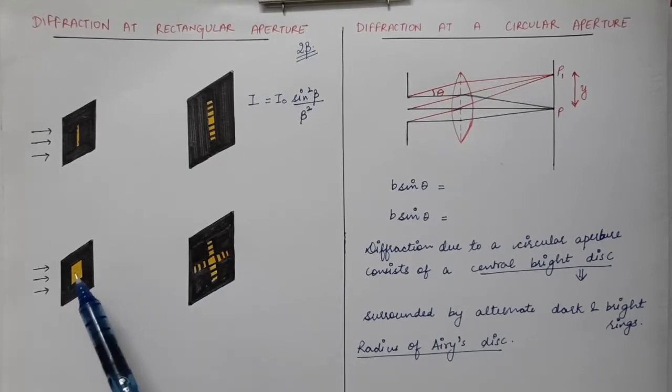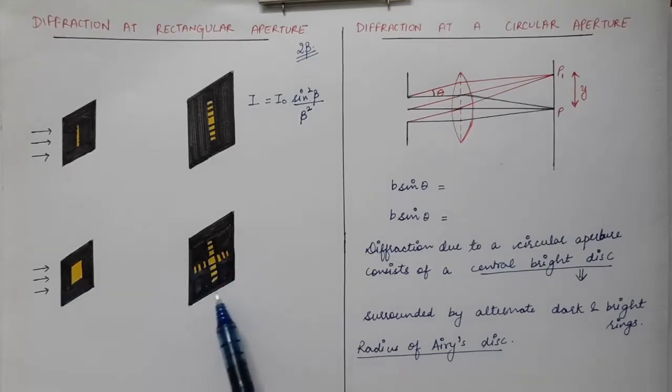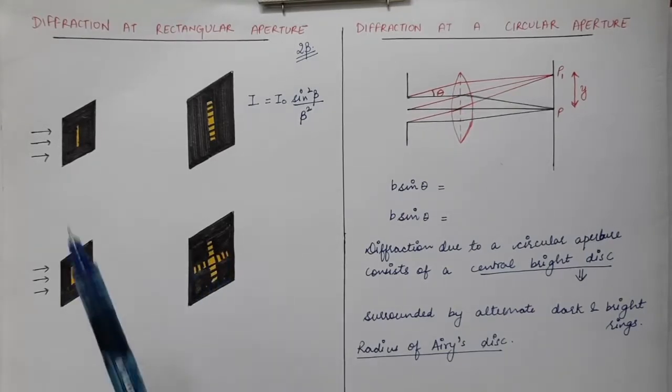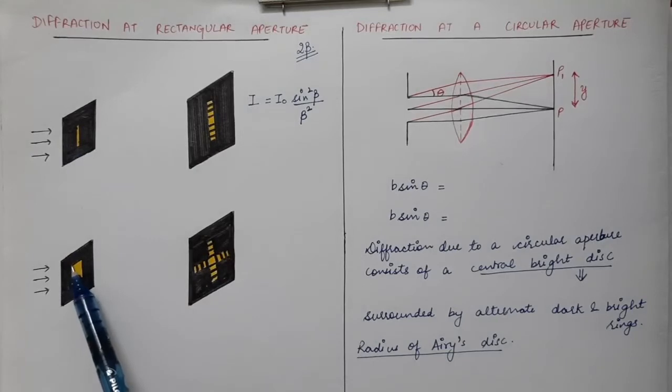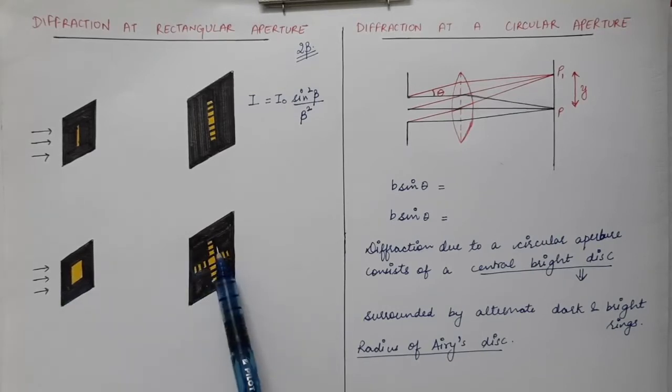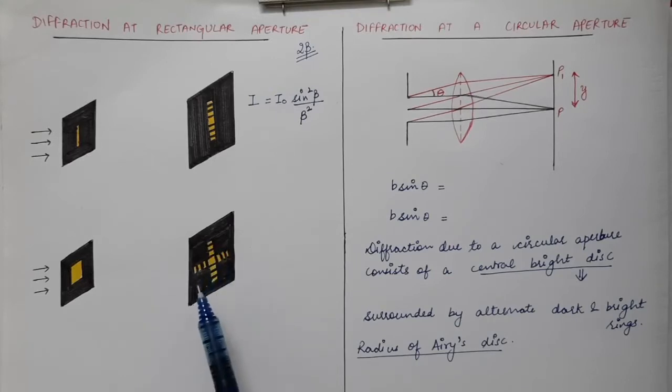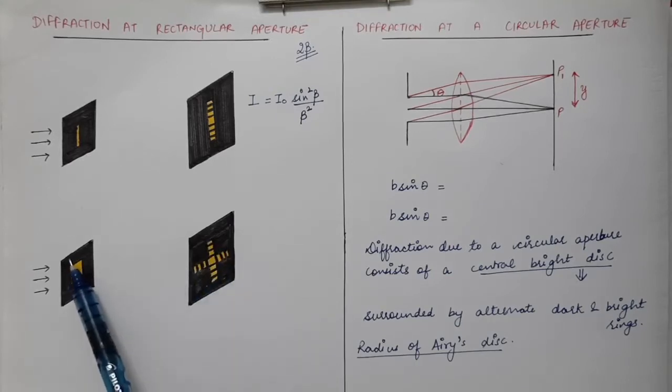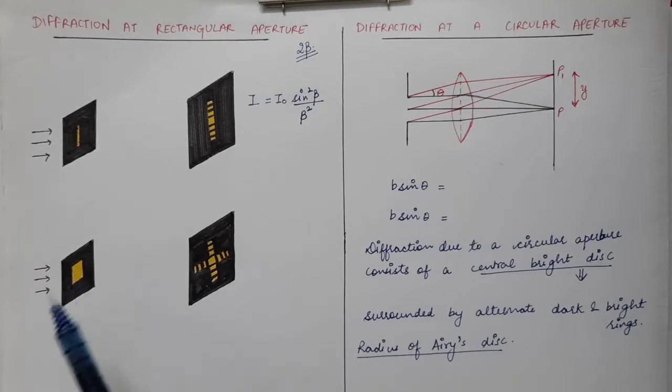Here the diffraction pattern obtained is actually a superimposition of two diffraction patterns: one due to the width of the slit and another due to the length of the slit. So on the screen you obtain the diffraction pattern due to the superimposition of the two patterns, for the width as well as for the length of the slit.